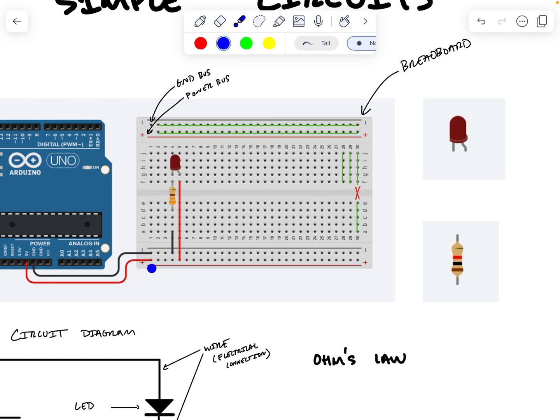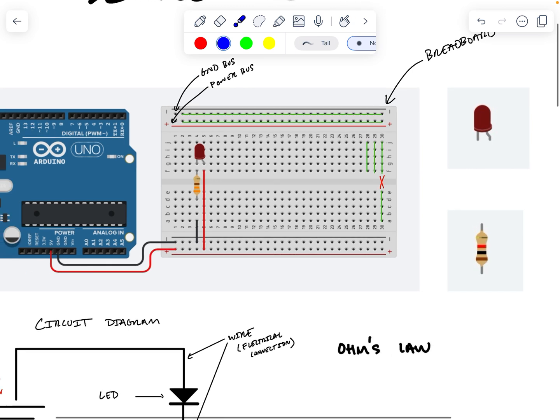If you flip-flop these wires, you will turn this into power and this into ground. I do not recommend doing that. It's really helpful to always plug power into power and ground into ground. Troubleshooting will be much easier if you follow this convention.